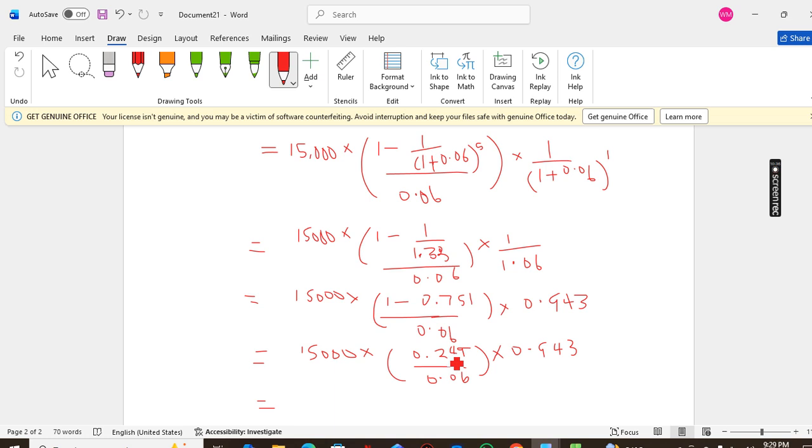Okay, then you do 0.249 divided by 0.06. Okay, you get 4.15. So 15,000 multiplied by 4.15 multiplied by 0.943.